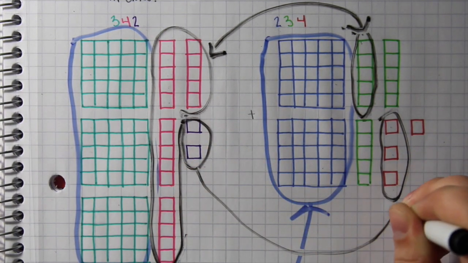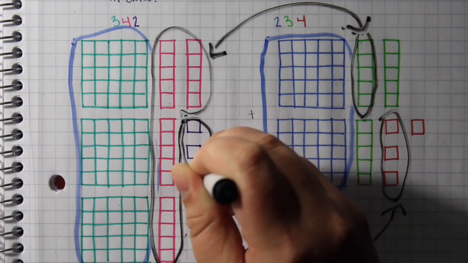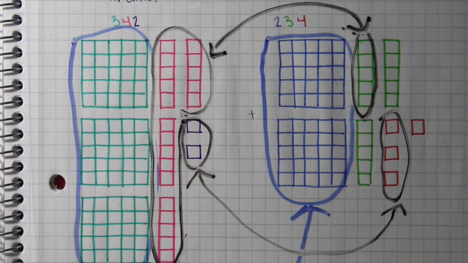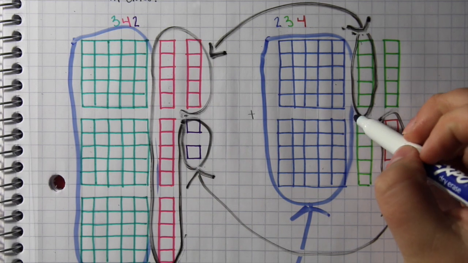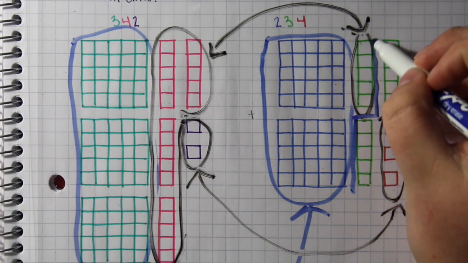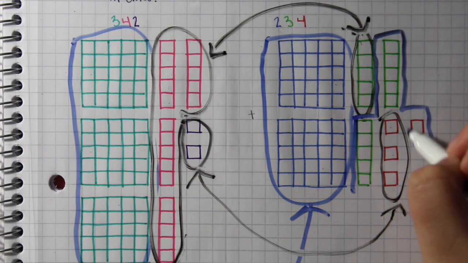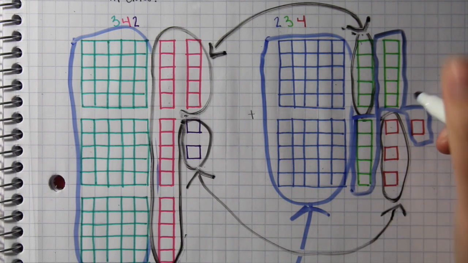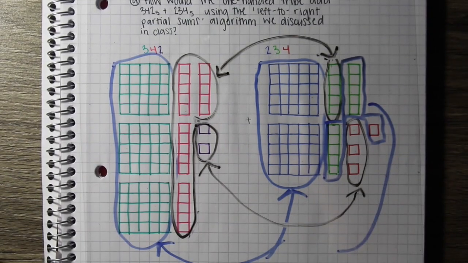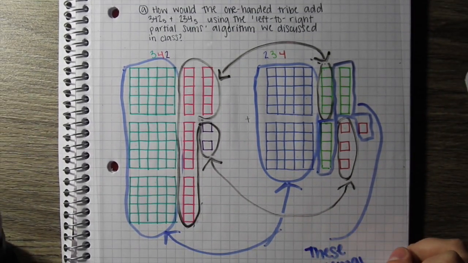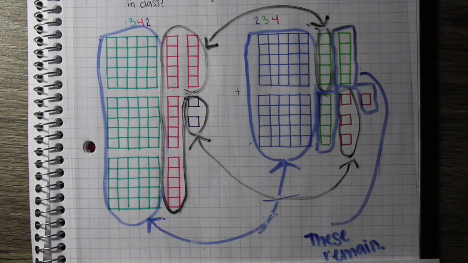So I took the 2 from the 342 and the 4 from the 234 to create another 5 for the rod. Now what I'm circling is just what's going to be left over after I've combined all of those good things. So I have 2 rods left over and 1 block. And again, this is just what's going to be remaining at the end.